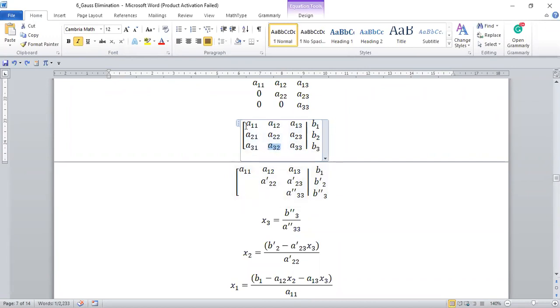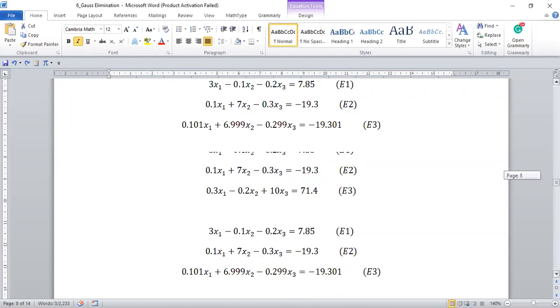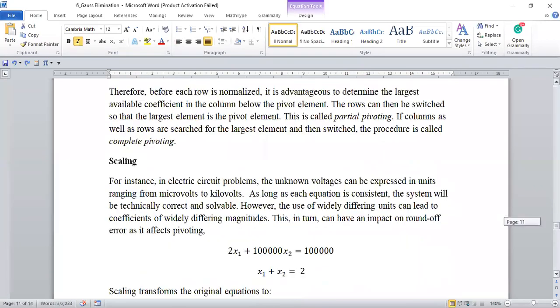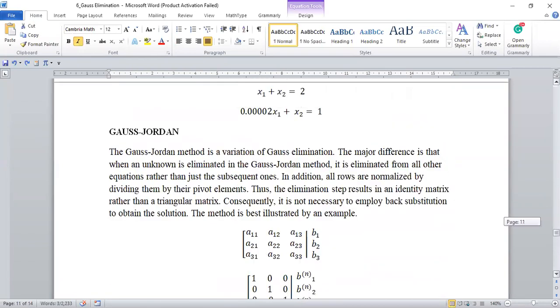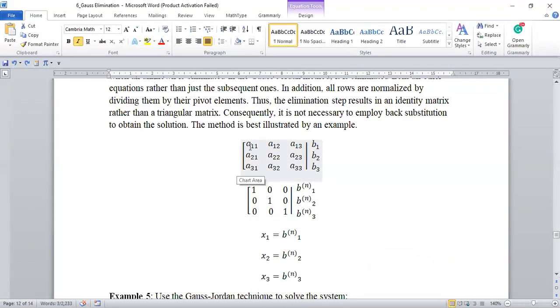Effectively, you are converting this matrix into an upper triangular matrix. But for the Gauss-Jordan method, you are converting the matrix into an identity matrix. So you have this matrix here, and for Gauss-Jordan, you want to convert it into an identity matrix.